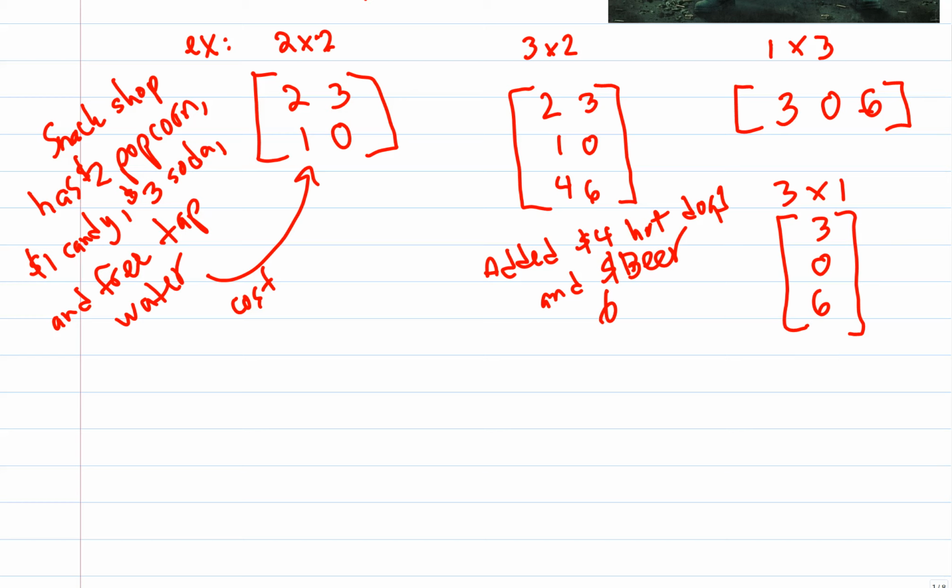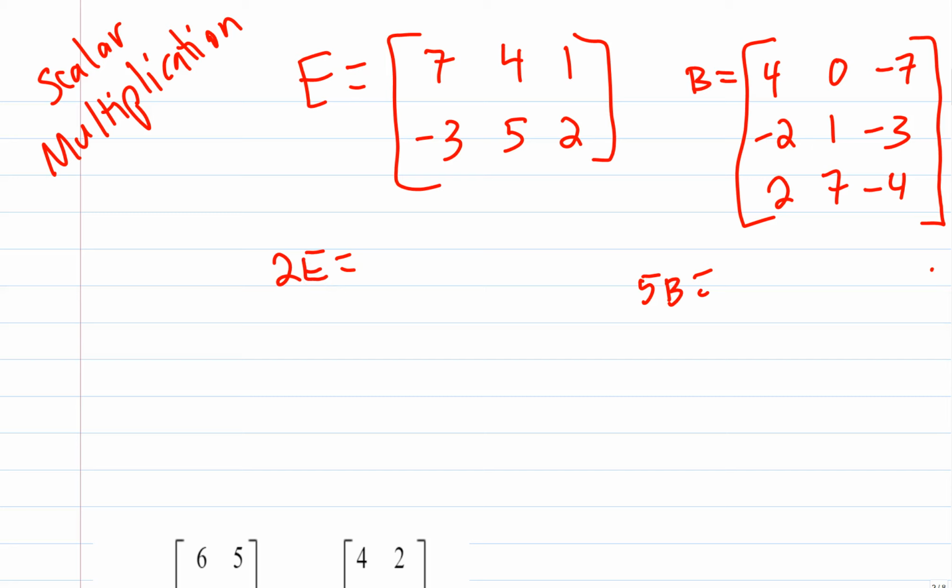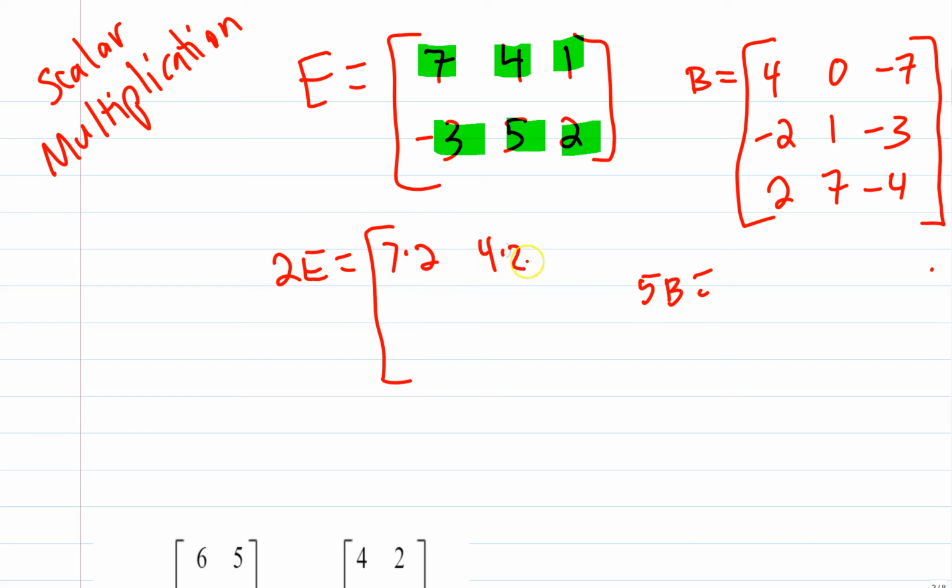So here's a matrix. I have E was 7, 4, negative 1, or 1, negative 3, 5, 2. And we said, well, if that's E, what is 2E? Well, it would just be twice as much. So literally, all we would do is we would take this 2, and it would distribute across each of these terms. So instead of 7, it'd be 7 times 2, 4 times 2, 1 times 2, negative 3 times 2, 5 times 2, 2 times 2, and that would be it.